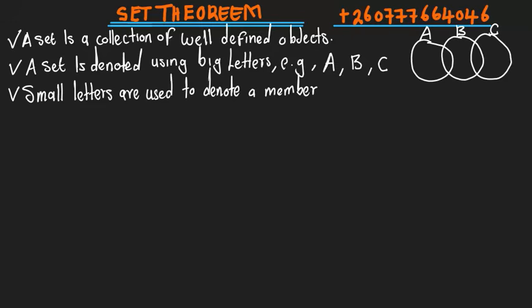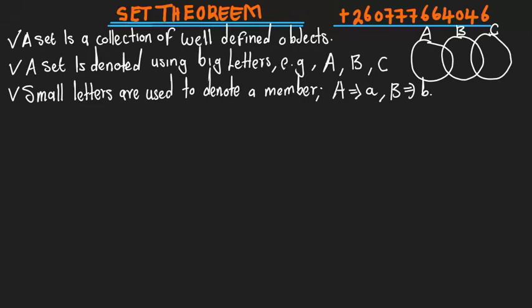So in this case, if we have a set called A, then A is going to contain a member called small letter A. And at the same time, if we have a set called B, then this set B is going to contain a member called B. So in other words, we use small letters in order to represent members. Okay? We use small letters in order to represent members or elements of a particular set.